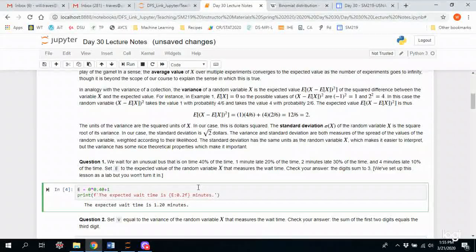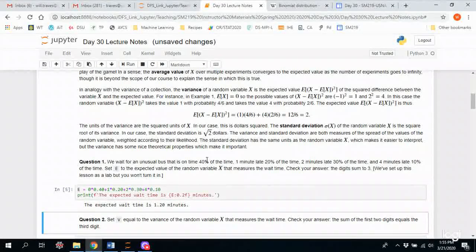And then 1 is a possible wait time, and it occurs 20% of the time. 2 occurs 30% of the time, and 4 occurs 10% of the time. And when you compute the expected value, you get that the expected wait time is 1.20 minutes, which is what we were hinting at when we said that the digits sum to 3.